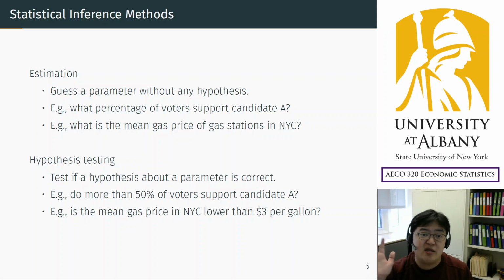You have no idea where the parameter is. It's an open question like this: what percentage of voters support candidate A? Or what is the mean gas price of gas stations in New York City, right? So it's an open question. I don't know.